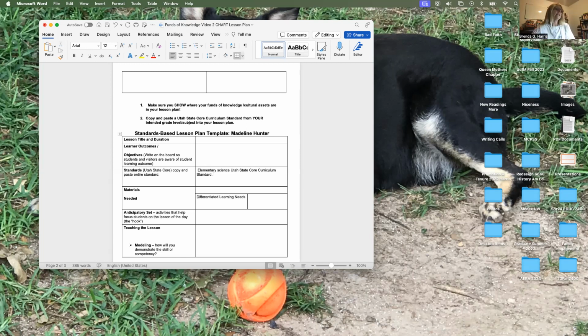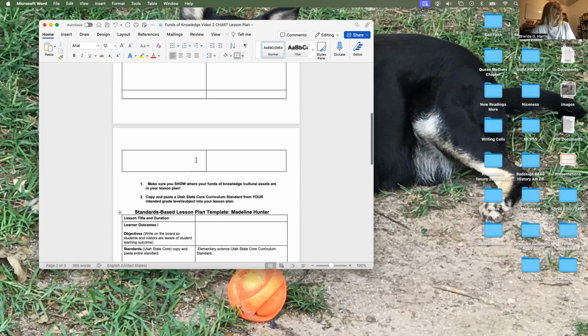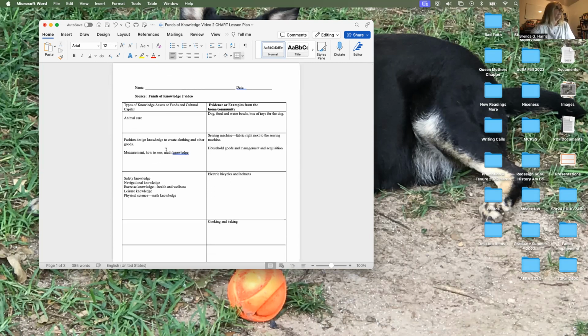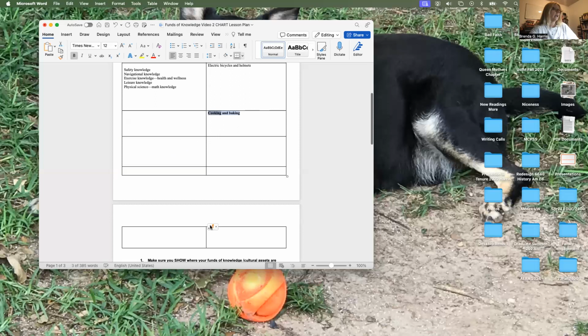So I decided that I want to create a lesson for elementary students that is going to incorporate all of this. I think I want to use all of this baking and cooking knowledge. That's a lot of chemistry, a lot of science.